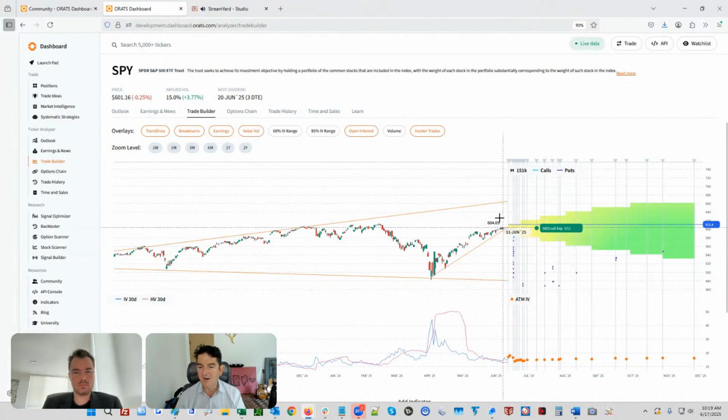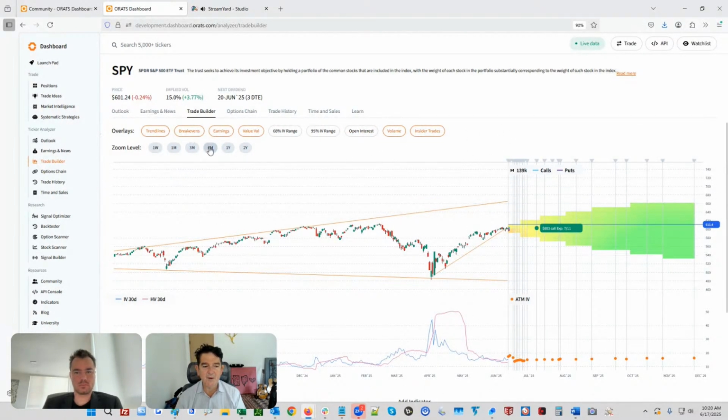The trade builder shows historical volatility as this magenta line, and implied volatility as this blue line. Then all these dots are the term structure going out, and these dots are the amount of option open interest. And you could also change to volume if you wanted to see that.